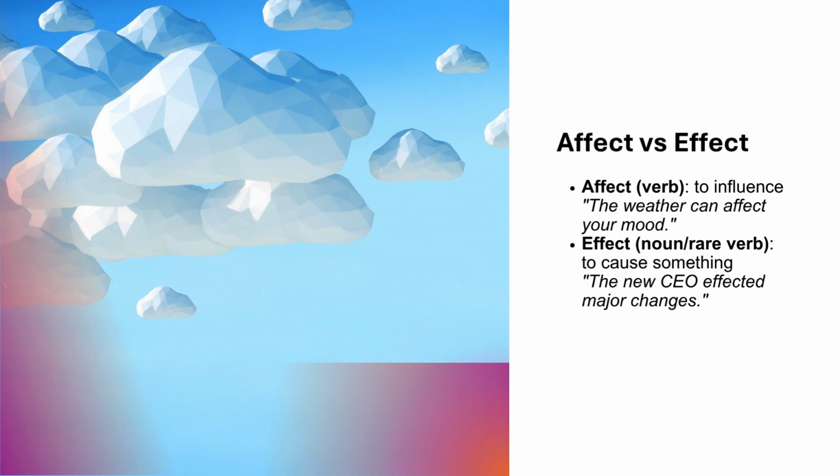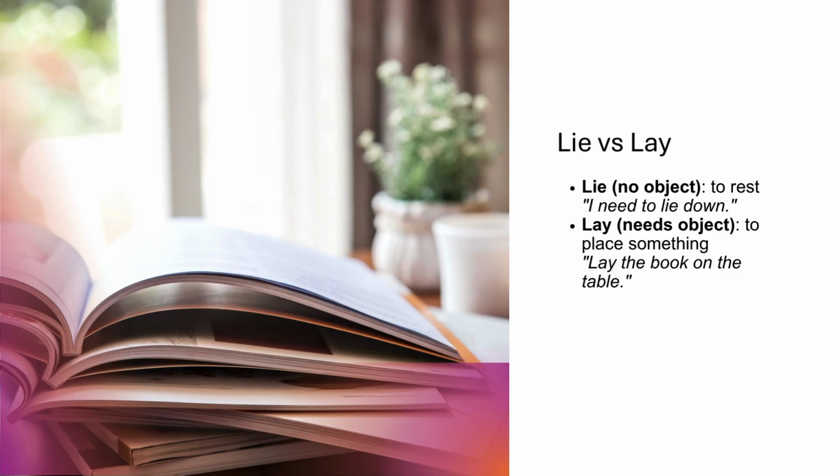And the next pair of verbs is lie versus lay. Lie is used without any object, which means to rest. For example, I need to lie down. There is no object. Whereas lay needs an object, which means to place something.